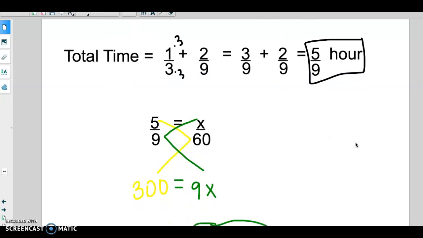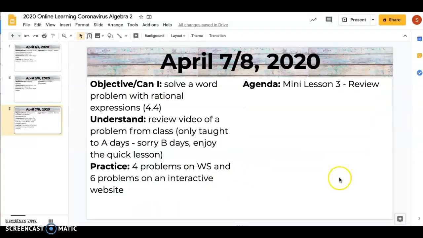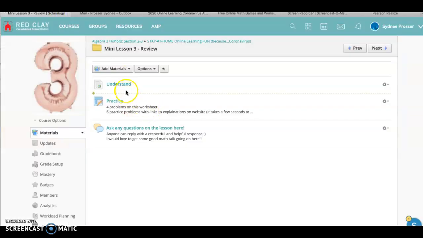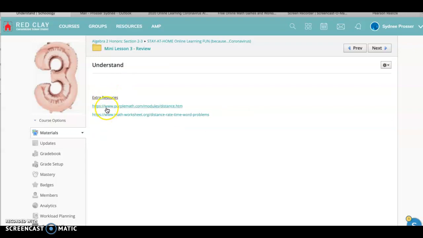The other thing that I'm providing you guys with in this section, let me go to, is if you go to the understand, I'm also providing you guys extra resources, so use these resources for help as well, because like I said, I just went through one type of problem with distance, rate, and time word problems. There's other types, and these two links help you go through other versions of this type of problem.